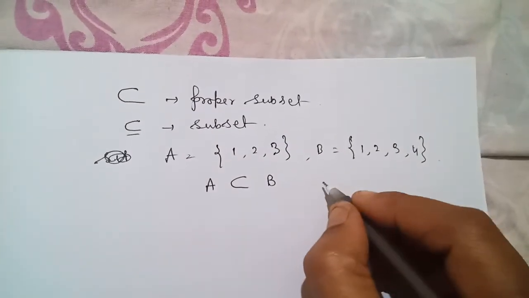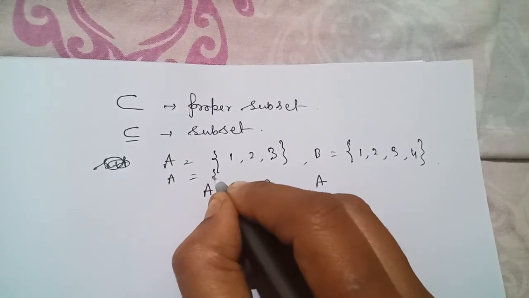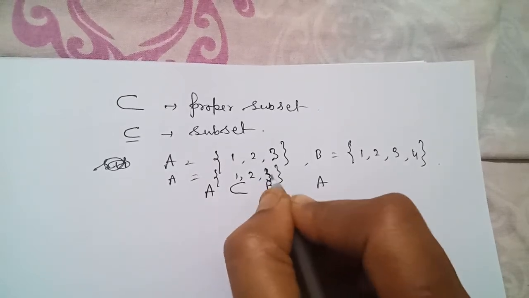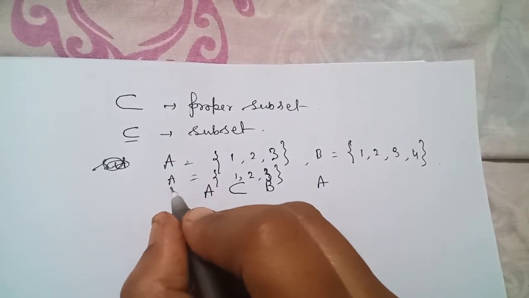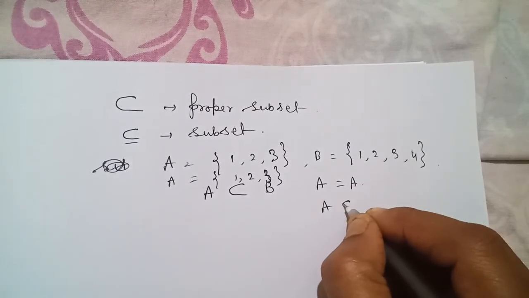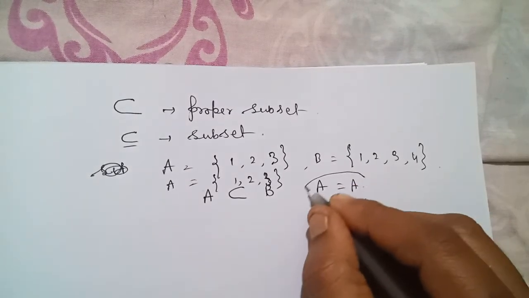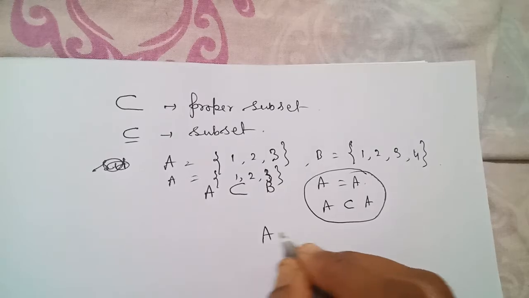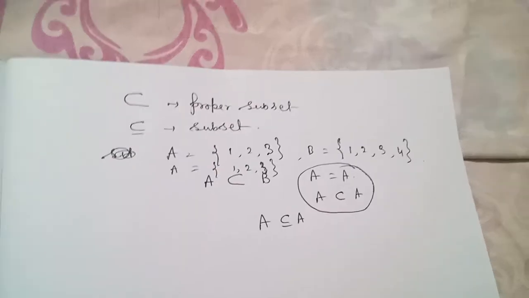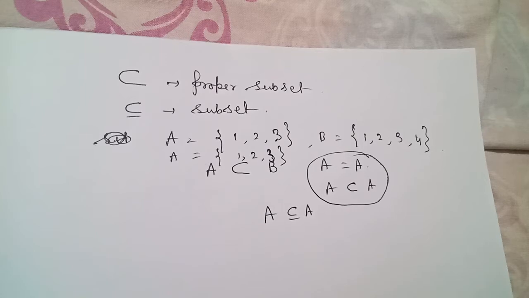But suppose we are taking two sets A and A. Somebody can tell that we can write A equals A. Obviously we can write A equals A, but there is another way, we can write A is obviously a subset of A. So these together we can write A is a subset of A. This actually consists of two different conditions.